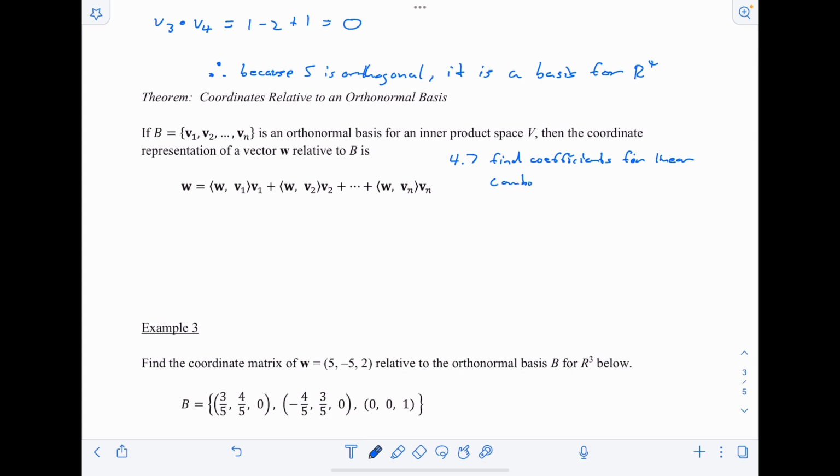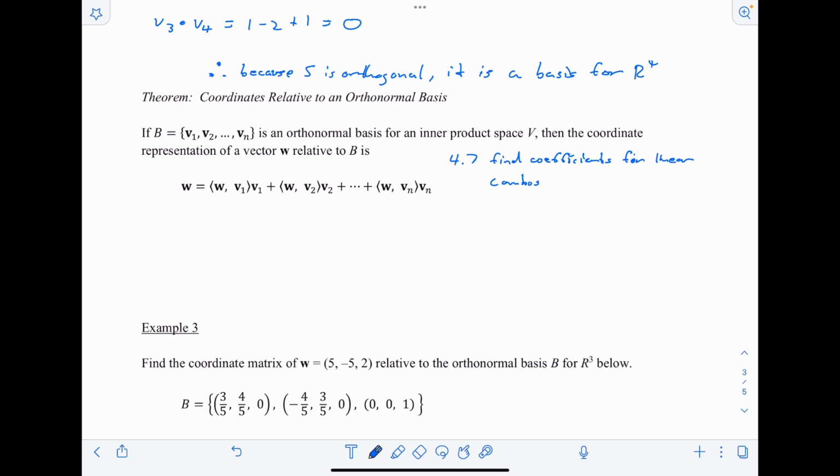And the process that we had to go through was fairly involved. We had to basically set up a system of equations. We solved the system of equations, and then we used that to come up with these coefficients. So it was a fairly lengthy, fairly involved process in chapter 4 to find the coefficients for a linear combination.